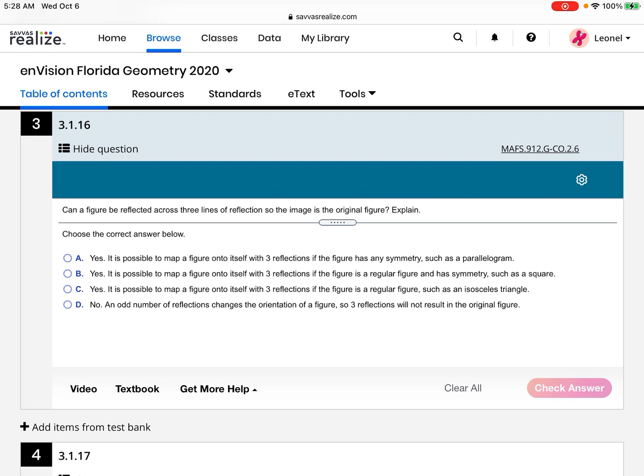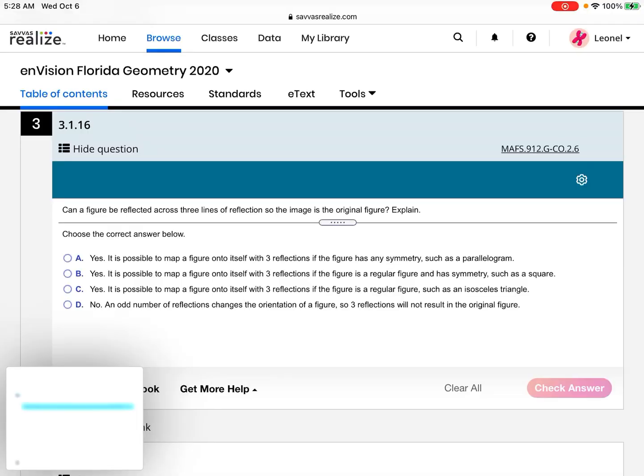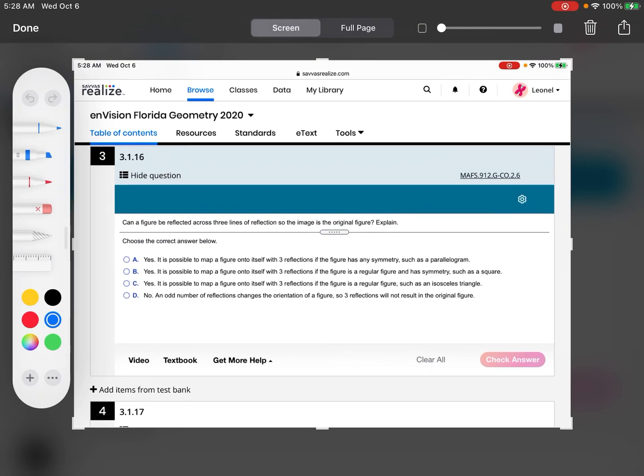Can a figure be reflected across 3 lines of reflection so the image is the original figure? Explain. Okay. So, let me go ahead and take a picture. We can even do it with an equilateral triangle, but that's not the example here in the answer. So let's just do it with the example that is used in the answer.